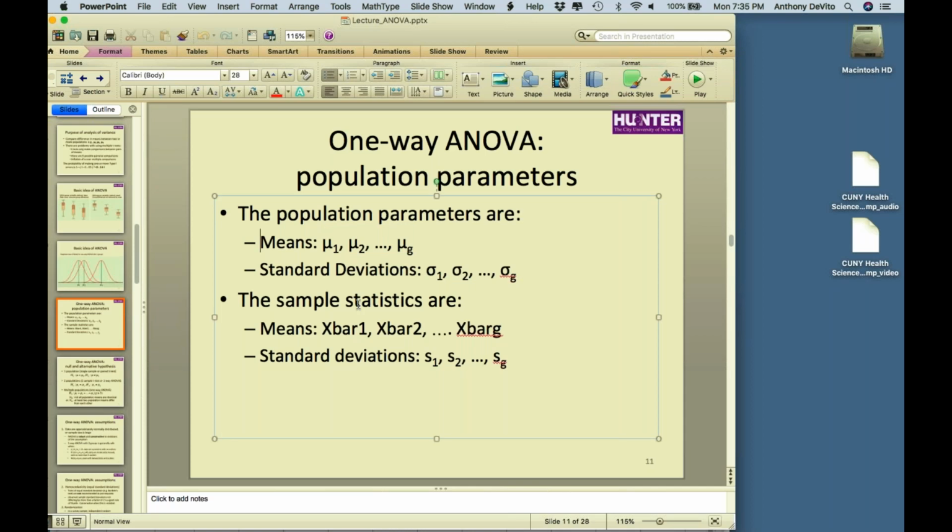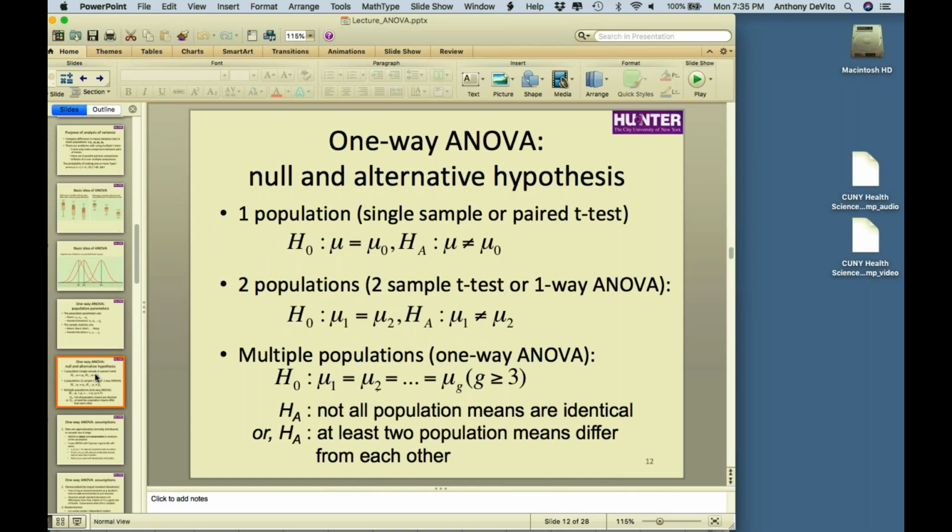So we are going to work with the statistics, which are the results of samples from each of these 3 groups. In that case, it's going to be X bar 1 and X bar 2, etc., all the way up to the last group, and the standard deviations of the values within each one of these groups: the standard deviation of group 1, group 2, 3, 4, all the way up to the number of groups that we're working with.